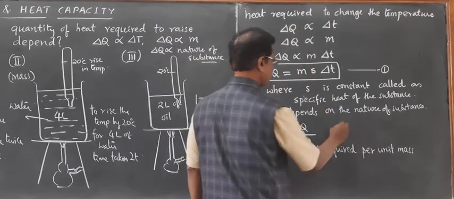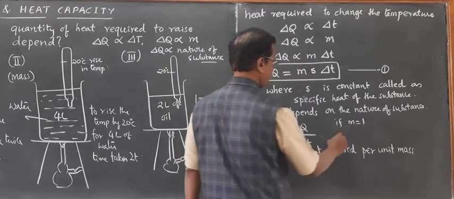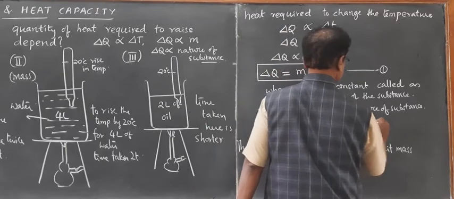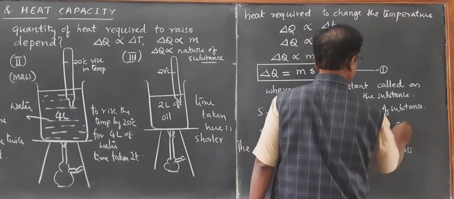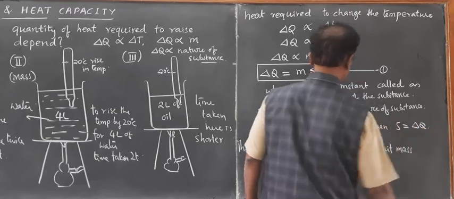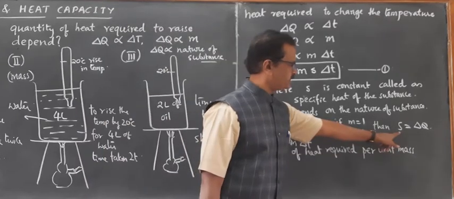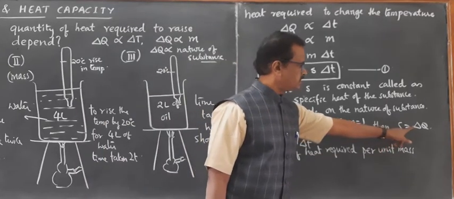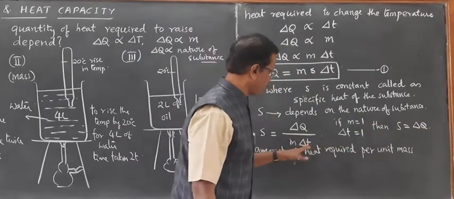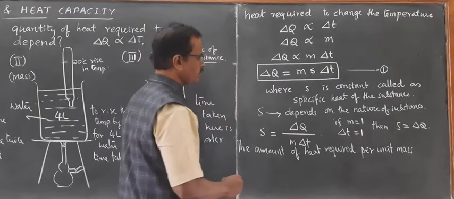For example, if m is equal to 1 unit mass and delta T is equal to 1, then s becomes equal to delta Q. That's how I define specific heat of a substance: the amount of heat required per unit mass to raise its temperature by 1 degree Celsius.